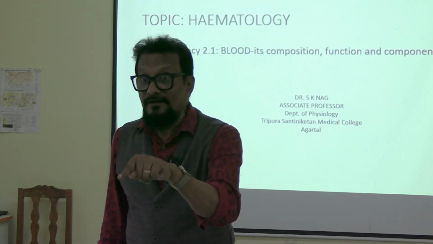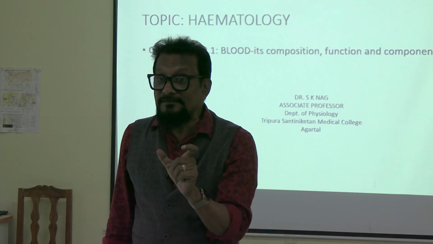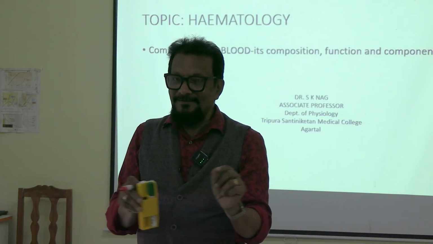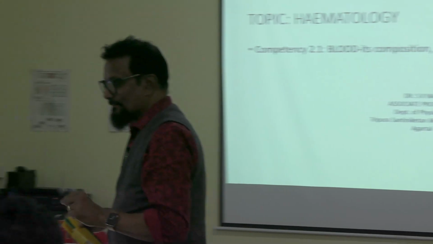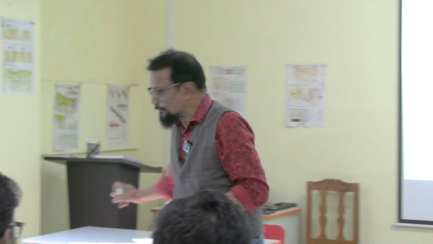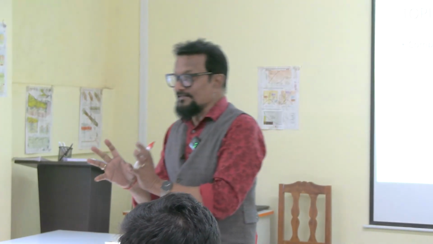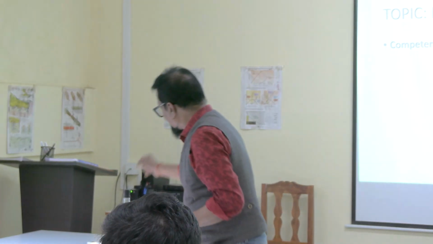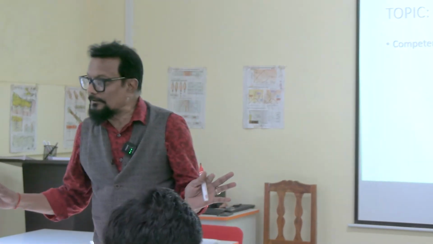And it is buffered. Buffered means I added some acid here, so the solution must be acidic. But if a buffer is there, when acid is added, I will find it has not become acidic.